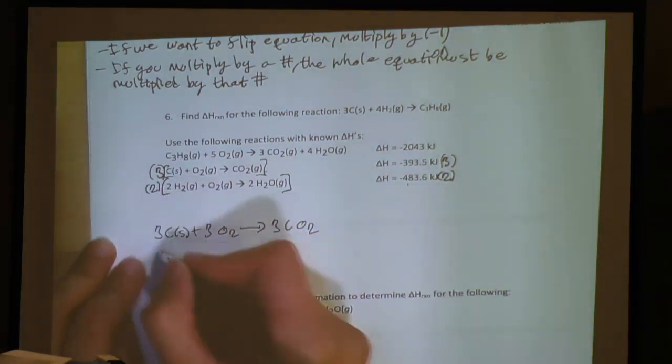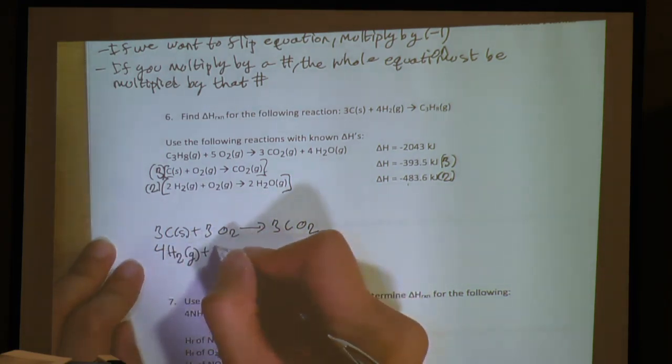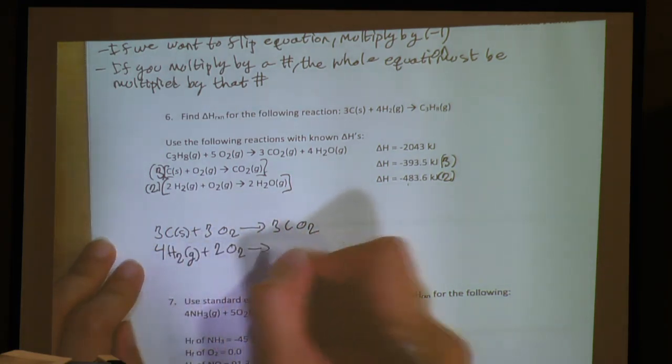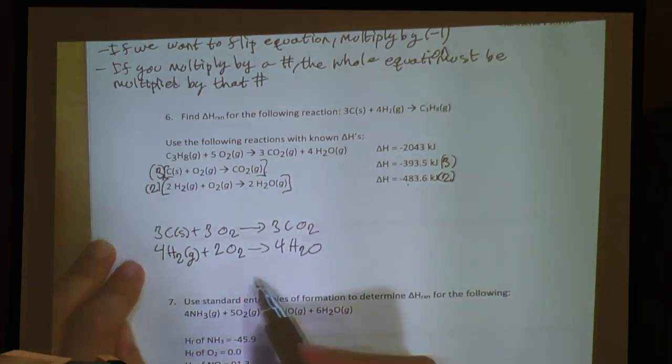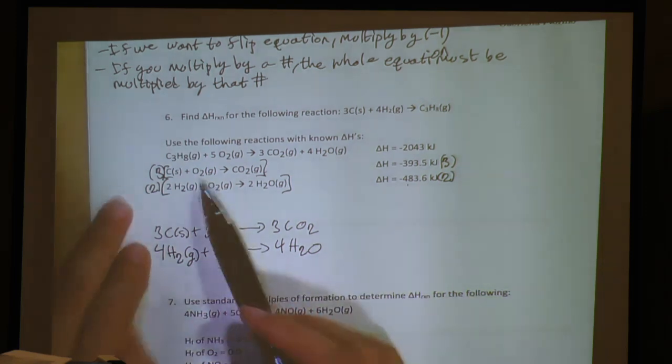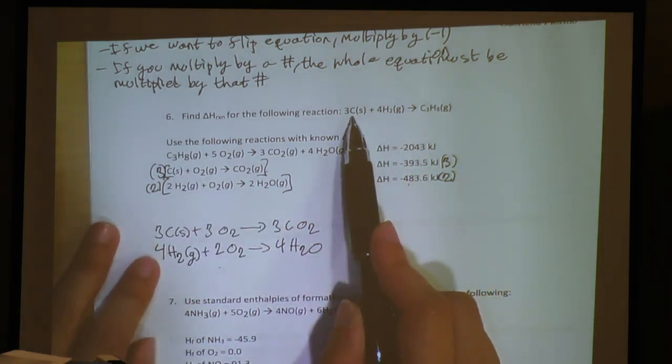That's going to give us 4H2 plus 2O2 makes 4H2O. Okay, so we're looking good so far. We already have our 4 hydrogens, our 3 carbons.